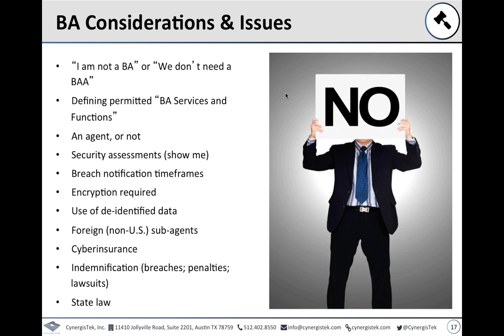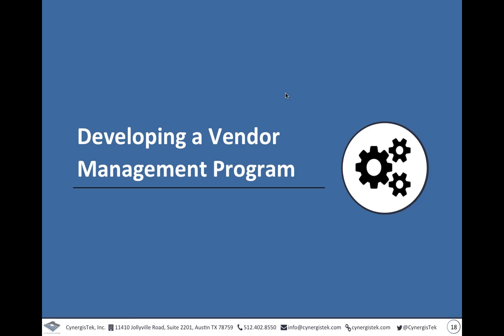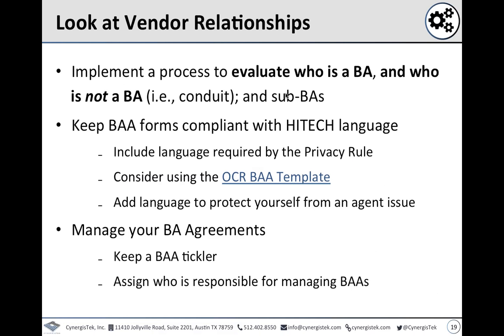And so prior to disclosing or passing on health information to a vendor or contractor, they should have some considerations as to who's in charge of this relationship, and if they have an entity or a vendor who's unwilling to execute a business associate agreement, they should carefully examine the relationship and whether or not this vendor or contractor is an appropriate choice for them.